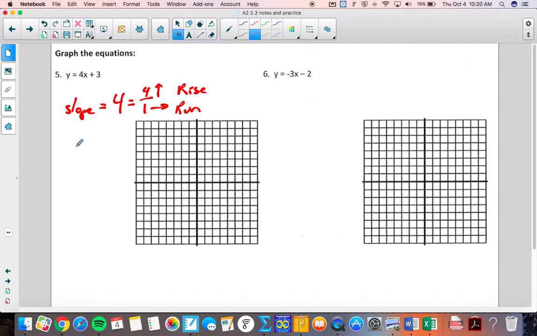Now the y-intercept is 3. So I'm going to plot the y-intercept at 3. Then I'm going to go up 4, right 1, up 4, right 1, and then down 4, left 1, down 4, left 1, down 4, left 1.